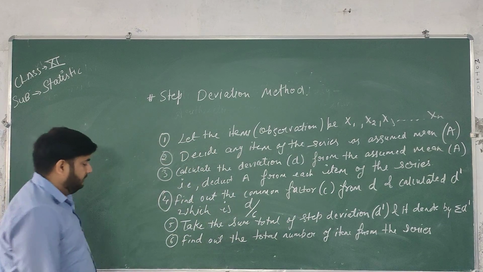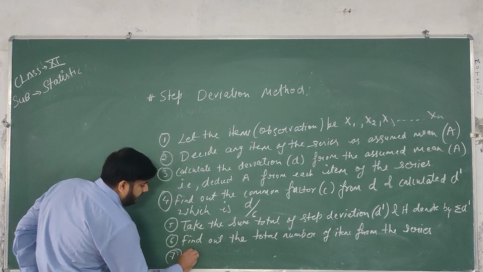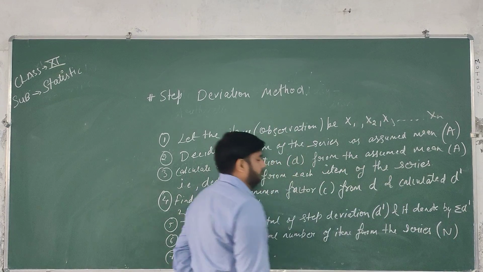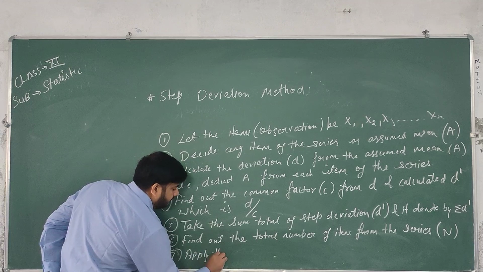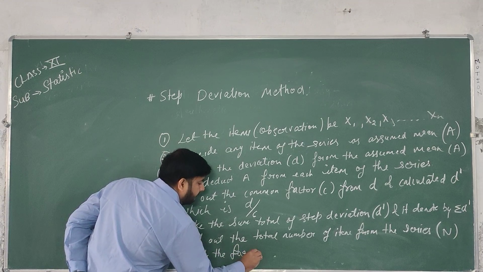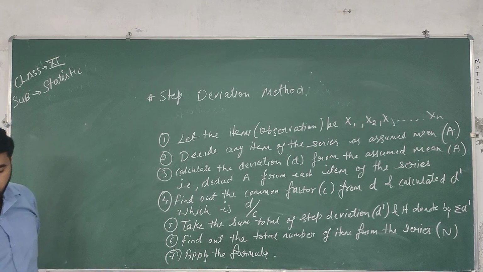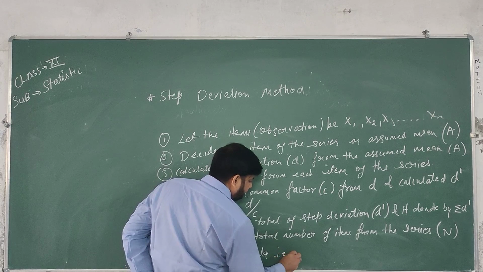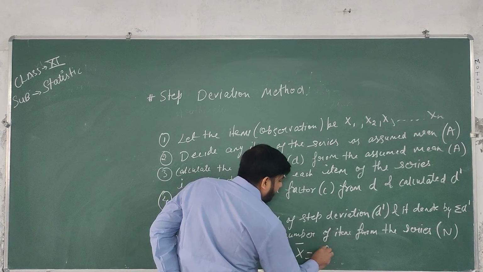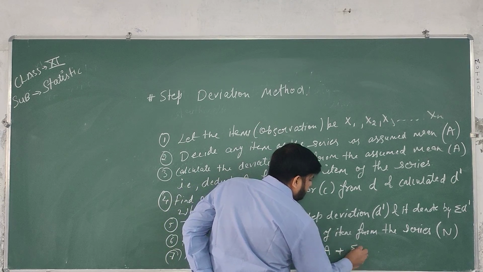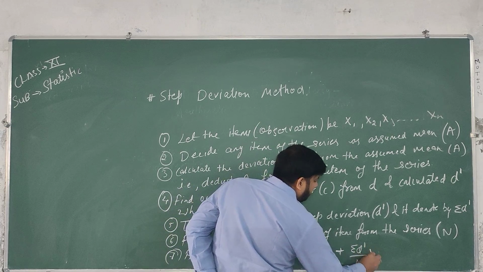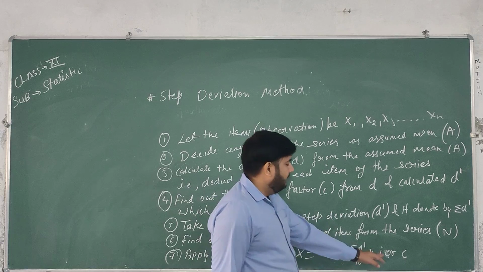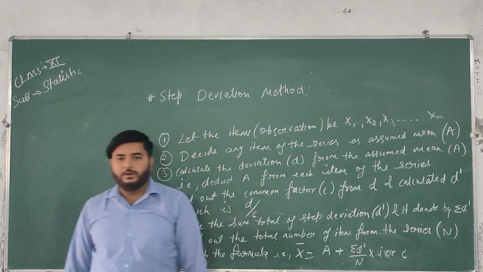And the last step is applying the formula, this denoted by N. Applying the formula, that is, mean is equal to A plus sigma D dash upon N into I or C. I is also a common factor and C is also a common factor.